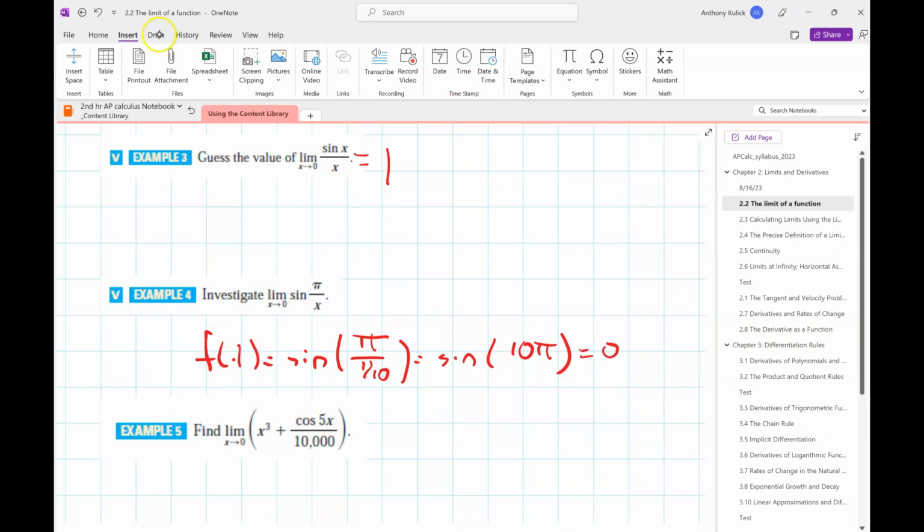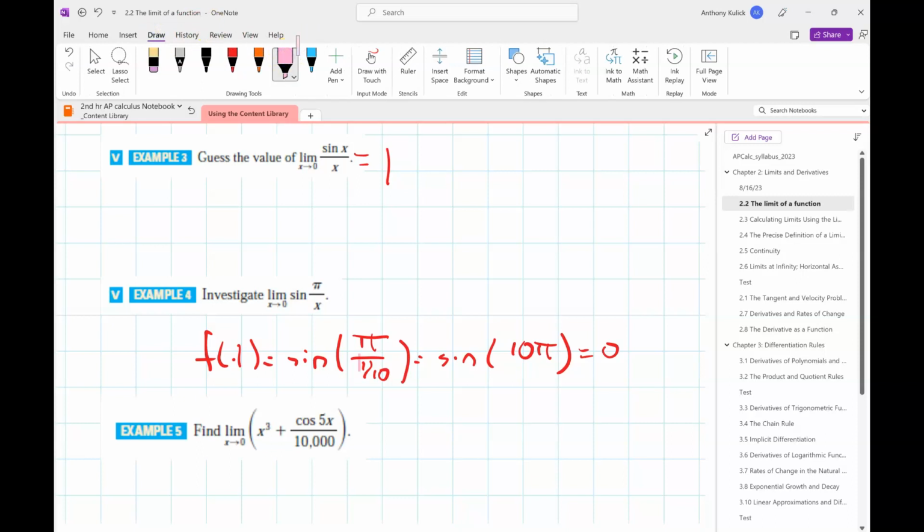So as long as you're formatting your input as 1 over a number, like 0.1 or 0.01 or 0.001, which is just 1 over 10, 1 over 100, 1 over 1,000, you're going to keep getting 0.